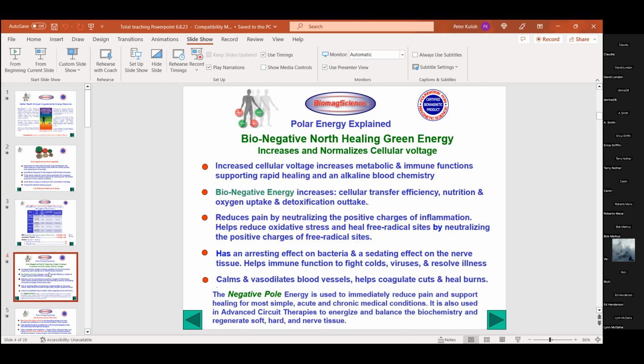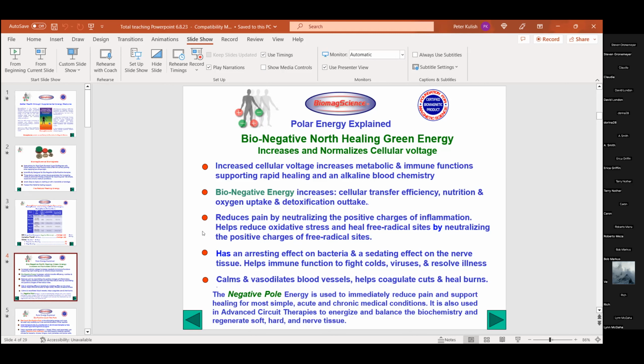The membranes run anywhere from 400 to 900 picofarads, which is billionths of a volt. But the bio-negative energy, the green energy as I call it, because we did use colorology, and green is the healing color, increases cellular voltage, which of course increases metabolic and immune functions.